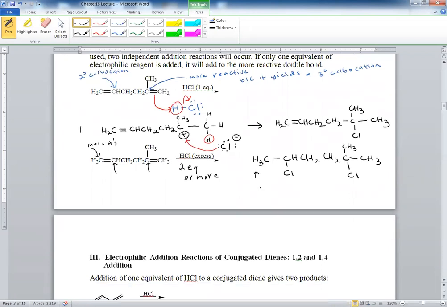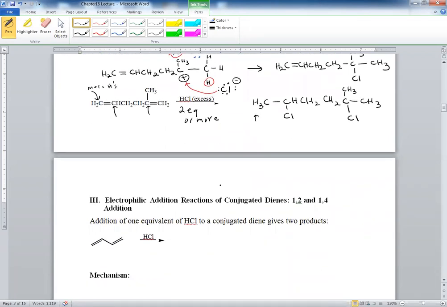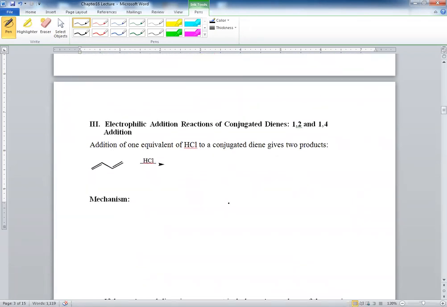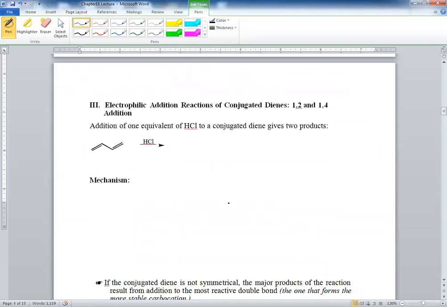Very well. That is not our discussion. We brought this up just to show you how different this would be from an electrophilic addition reaction of conjugated dienes. So for conjugated dienes, there's a difference: if you have one equivalent, you actually end up with two products.